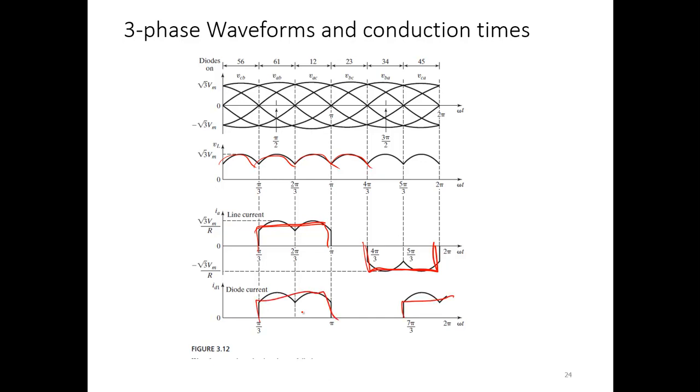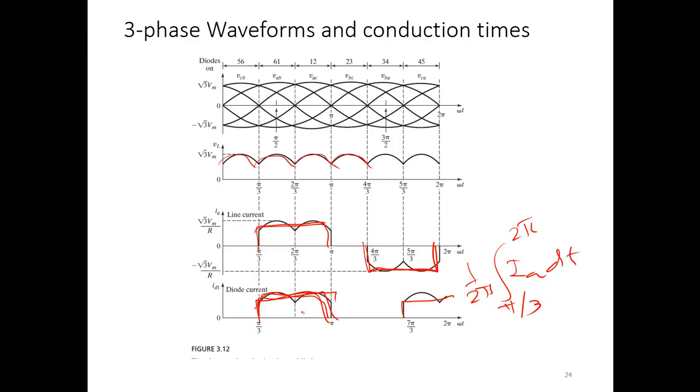But if you look at the diode current, this will be the diode current. If you want to find the average diode current, you need to find the average within the whole cycle, constant 3 pi by pi. This will be the IA, the average of that over a period of 2 pi, which is pi by 3. 2 pi is one period, and with dt you can find the average.